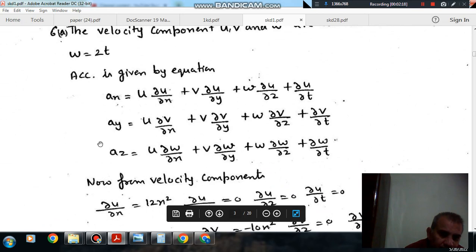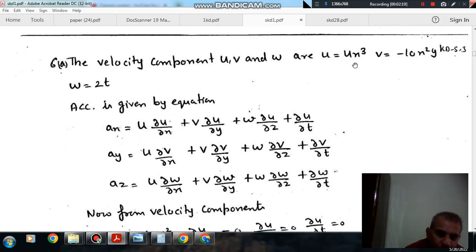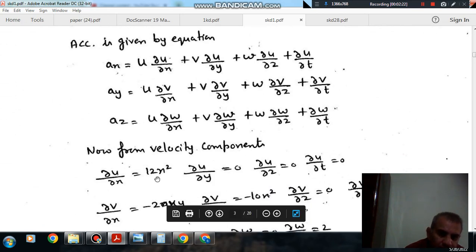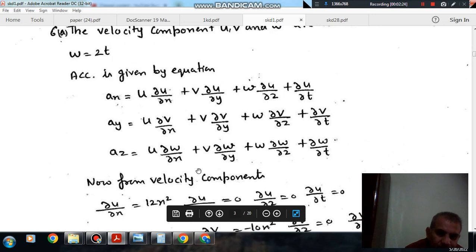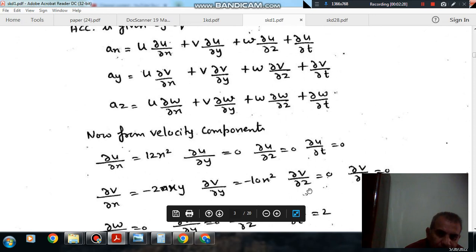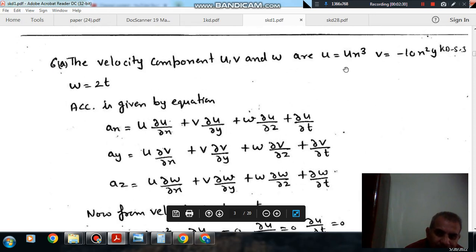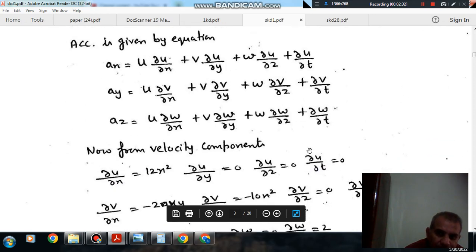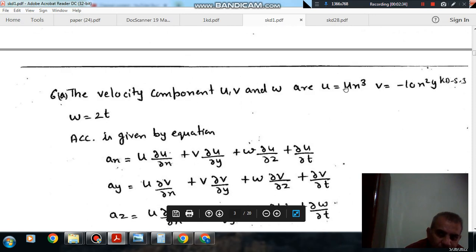So here we need ∂u/∂x. u is 4x³, so this is 12x², and ∂u/∂y is 0, ∂u/∂z is 0, and ∂u/∂t is also 0.